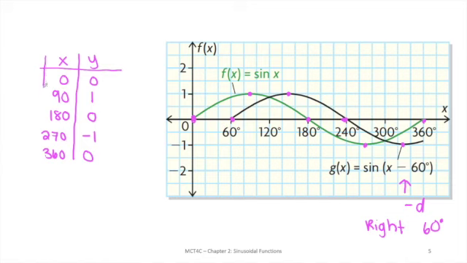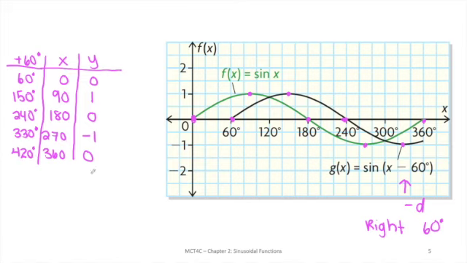So we're going to draw a line on this side, and because we are going to the right 60 degrees, we're going to add 60. 0 plus 60 degrees is 60 degrees. 90 plus 60 is 150 degrees. 180 plus 60 is 240, 330, and then 420. Sorry, I did my math wrong in my head.